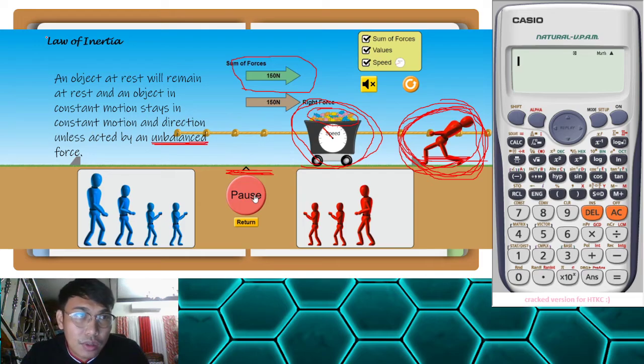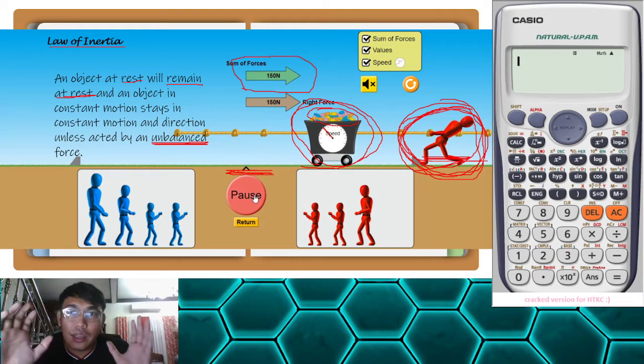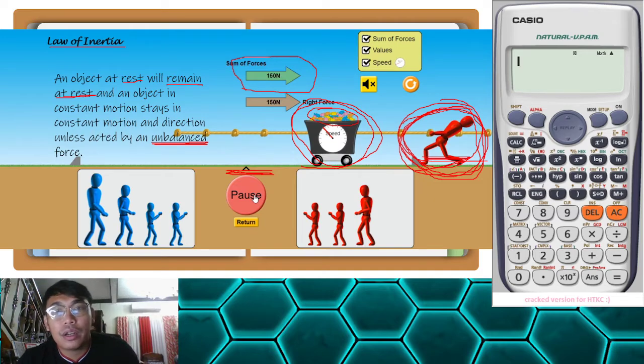So this is the law of inertia. An object in motion stays in motion, but an object at rest will remain at rest. And since the guy is still pulling, the object will be in constant motion. The object will not move if there isn't any unbalanced force acted on it.